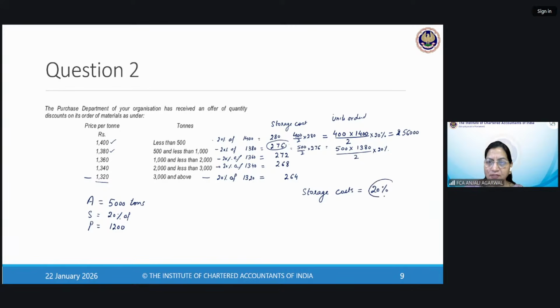So whenever the storage cost is given as a percentage, it is a percentage of the raw material price, right, Arpita? 20% of 1360 is 272, 20% of 1340 is 268, and 20% of 1320 is 264.